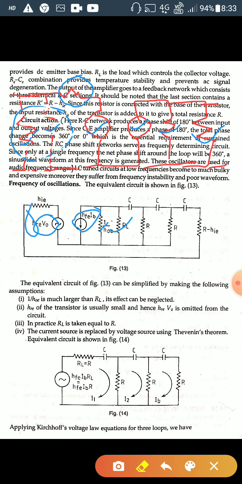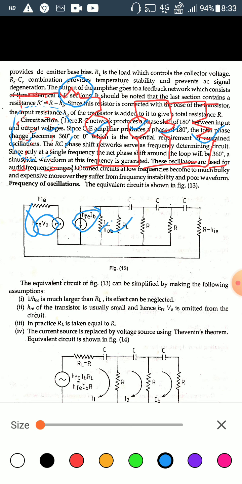If you omit this section, the circuit will look like this, and here hie is present.